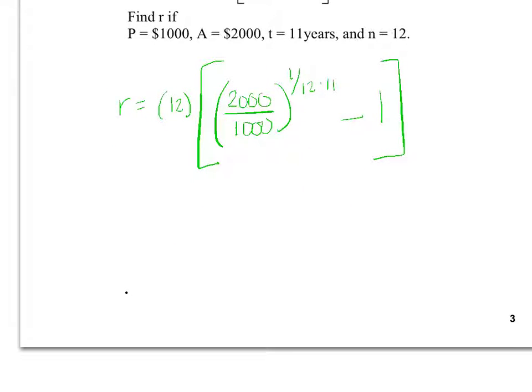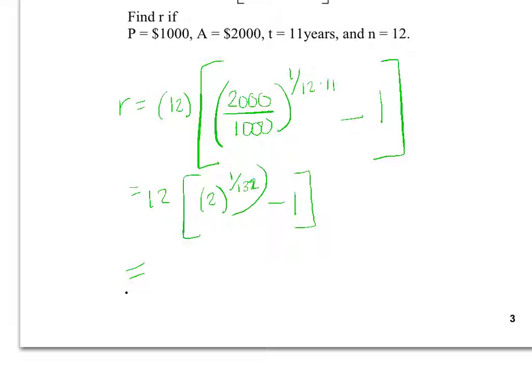Then it's just a matter of finishing the math here. 12 times 2,000 divided by 1,000 is 2, to the 1 over, that would be 132, minus 1.